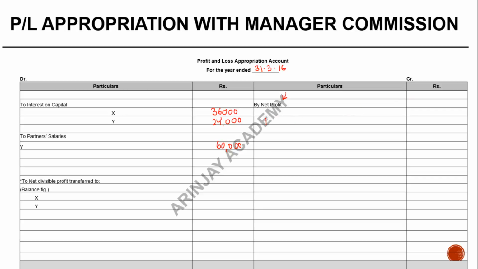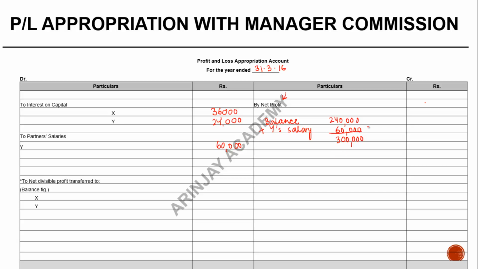You are told that the balance of the net profit available was 2,40,000. But this was after charging Y's salary, which means the amount which would have come here should have been higher. So you are going to add Y's salary of 60,000 over here. The total amount that you get is 3 lakh.